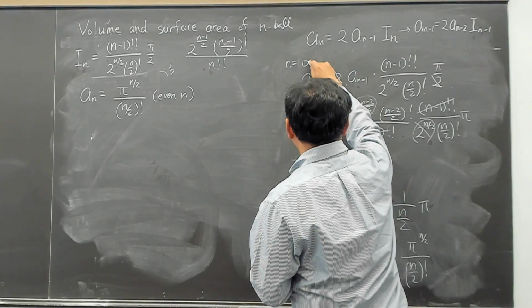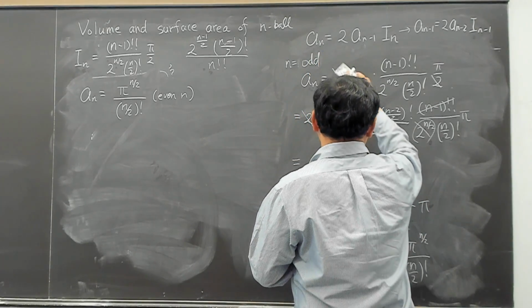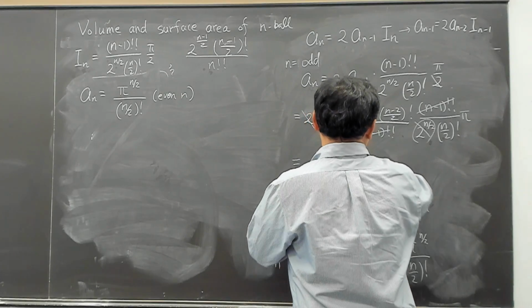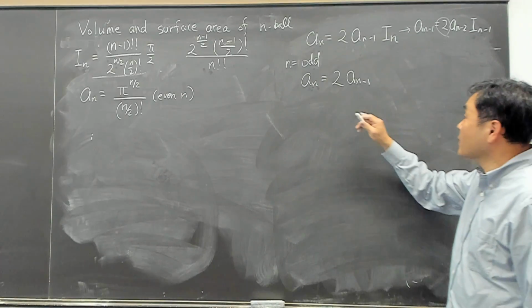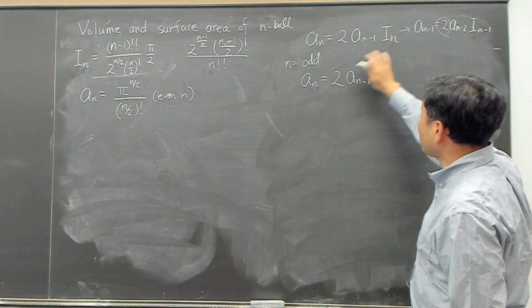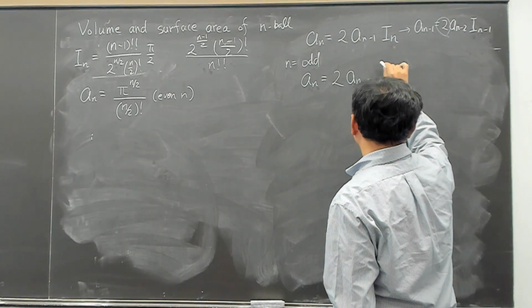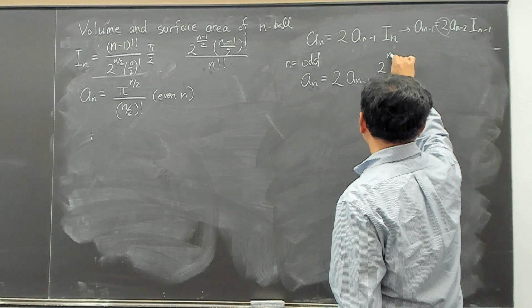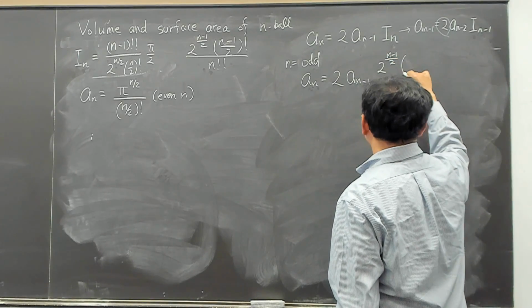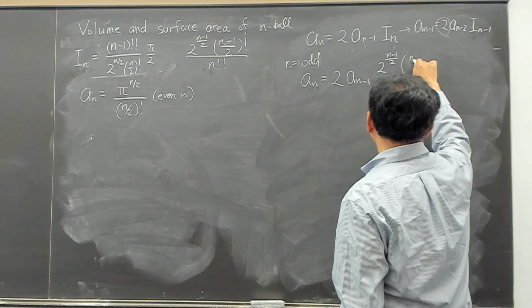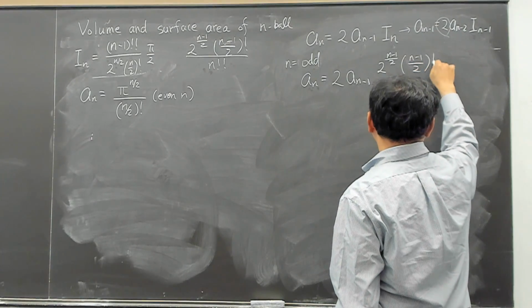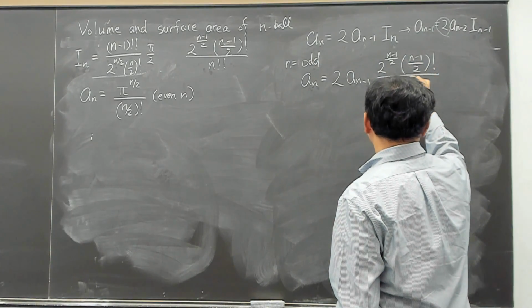If n is odd, then since n is odd, we have to use this formula. So let's write that 2 to the n minus 1 over 2, n minus 1 over 2 factorial over n double factorial.